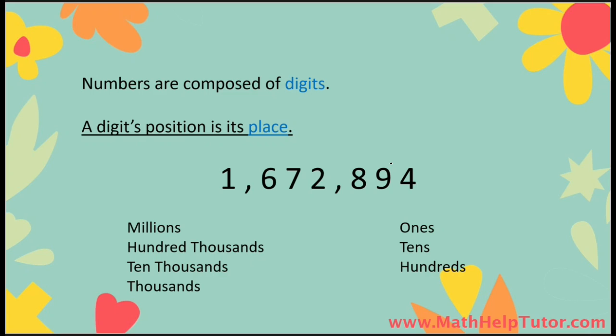So for example, if we switch the digit 1 and the digit 4, and we create another number, the new number has the same digits, but now it has far bigger value. It now has a value of about 4 million instead of just having 1 million previously.